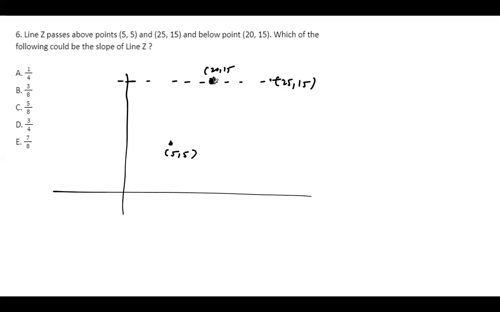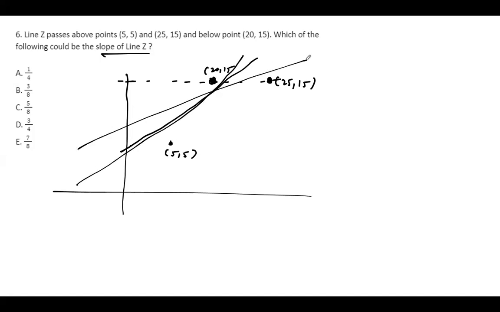So line Z passes above these 2 points and below this point. That means the line Z is passing somewhat like this, or like this, or like this.